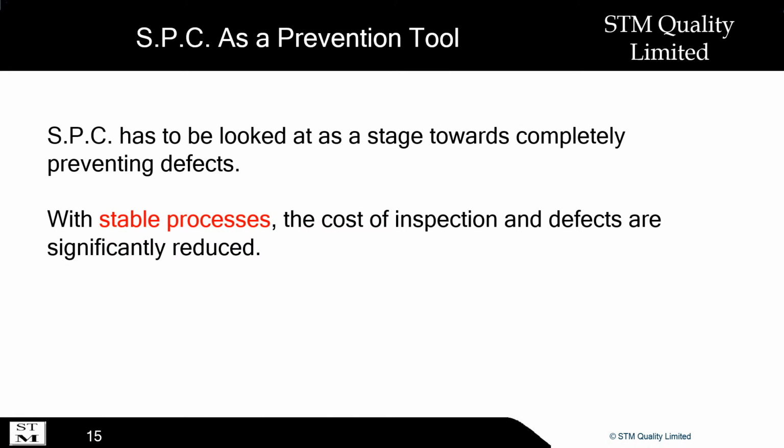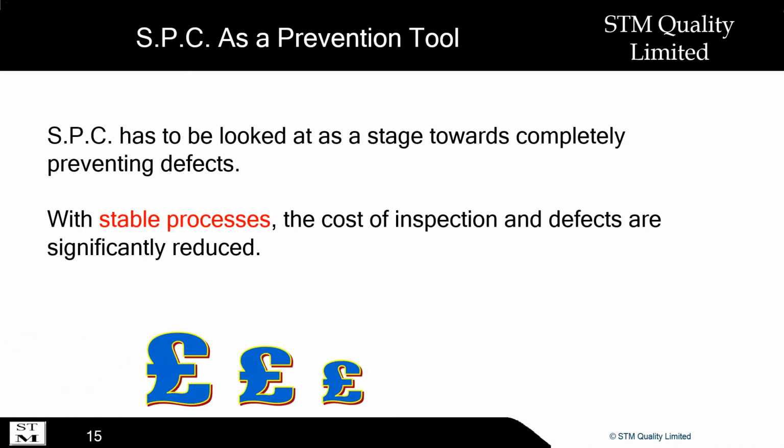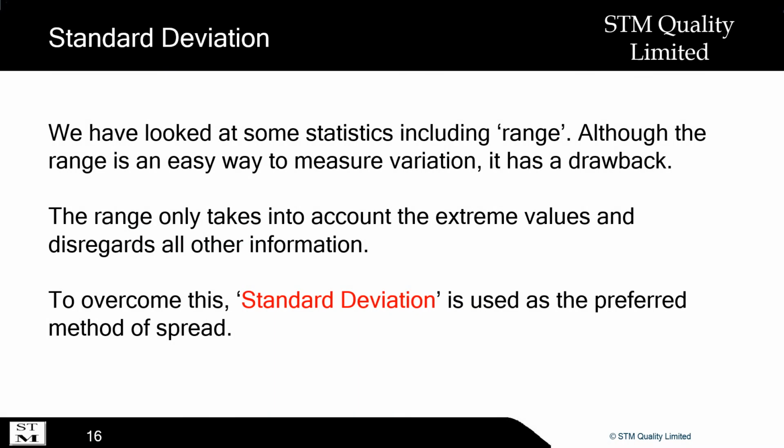S.P.C has to be looked at as a stage towards completely preventing defects. With stable processes, the cost of inspection and defects are significantly reduced. We have looked at some statistics including range.